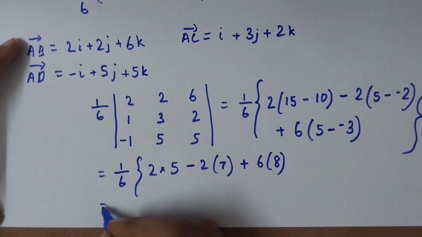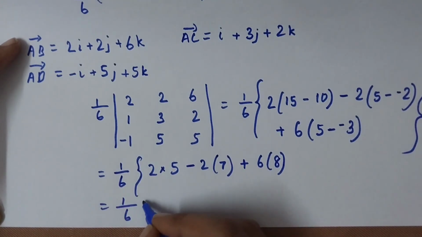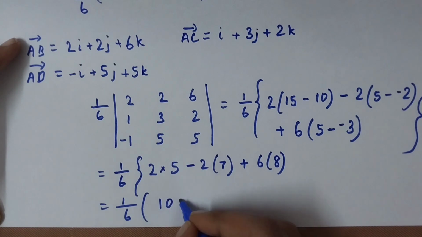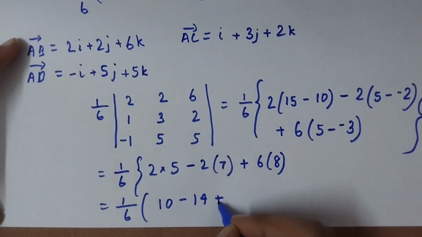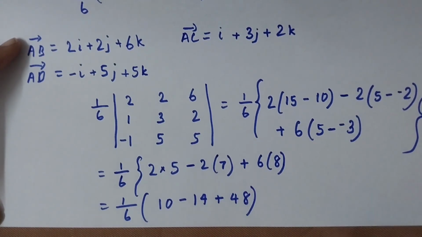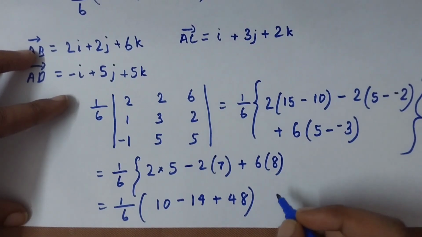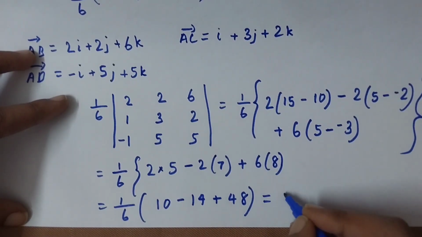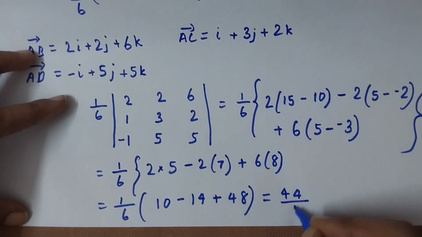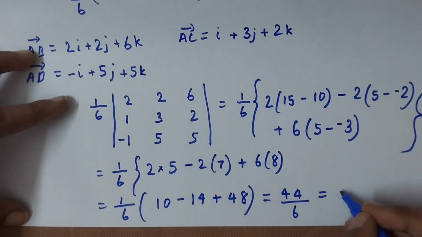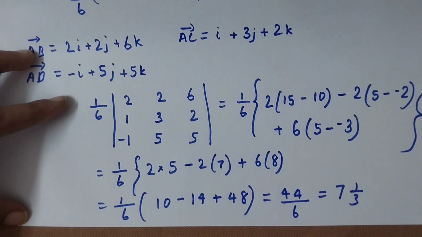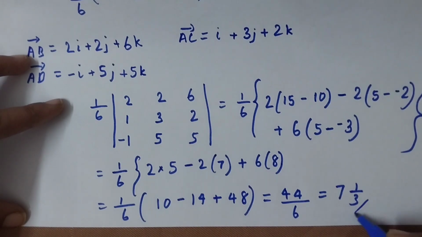Now which is equal to 1 by 6 times 10 minus 14 plus 48. This is equal to 44 by 6, which is equal to 7 1 by 3. This is the answer.